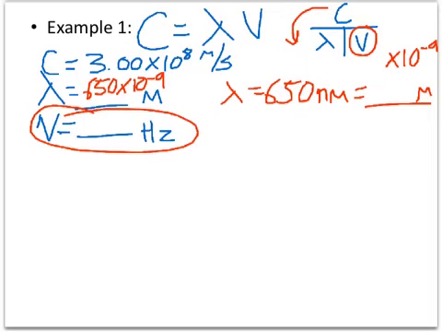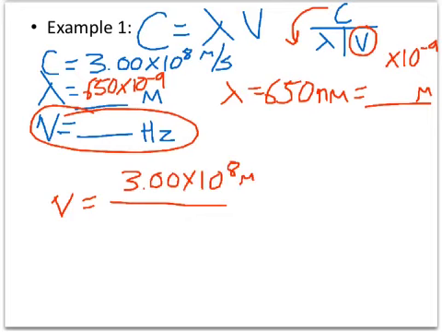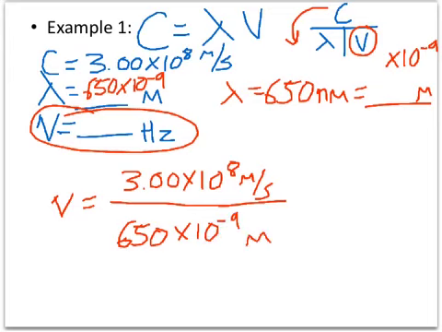So frequency equals the speed of light, which is 3.00 times 10 to the 8th meters per second, divided by my wavelength, which is 650 times 10 to the negative 9th, in meters.